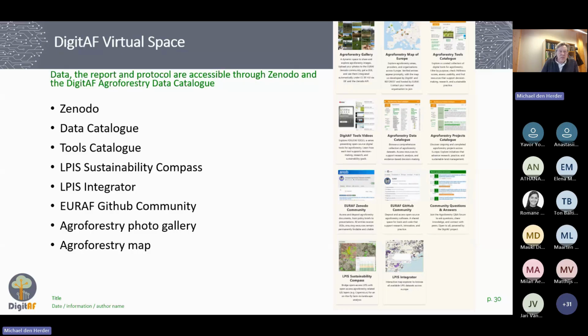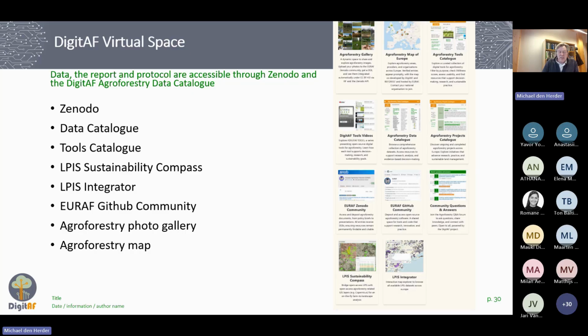So this report that I have now presented, the data, and the soil health assessment protocol are or will be available on Zenodo and in the DigitAF agroforestry data catalog.